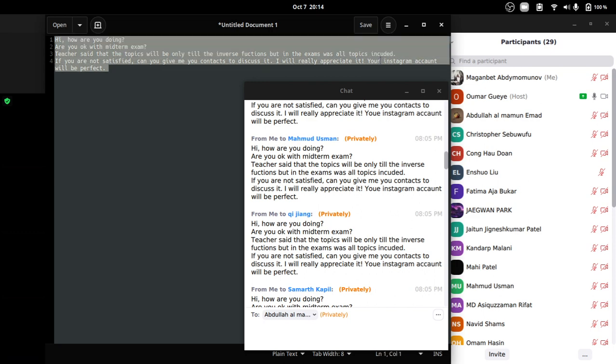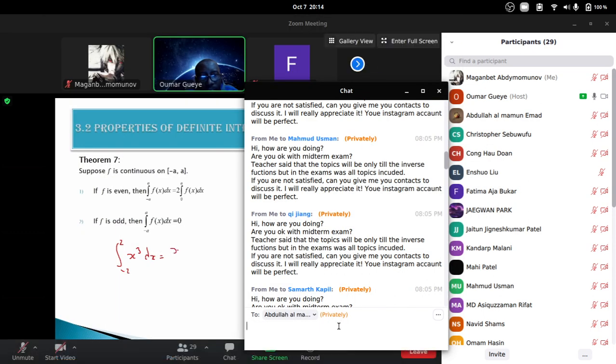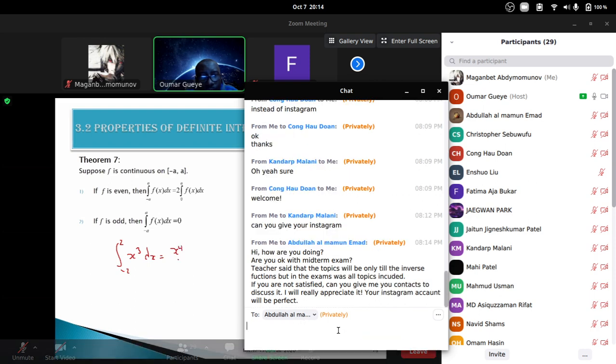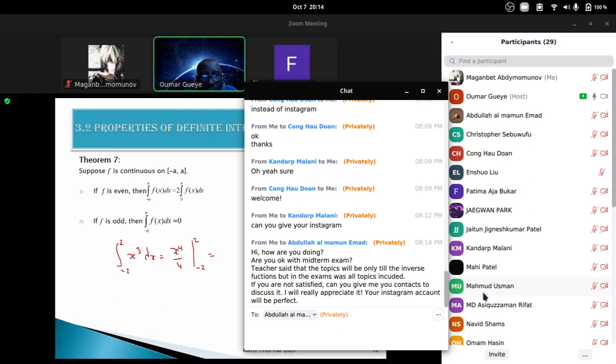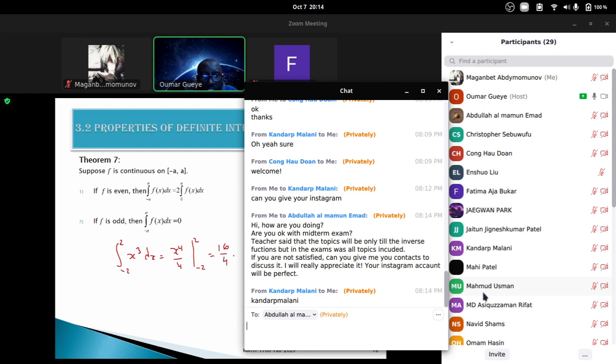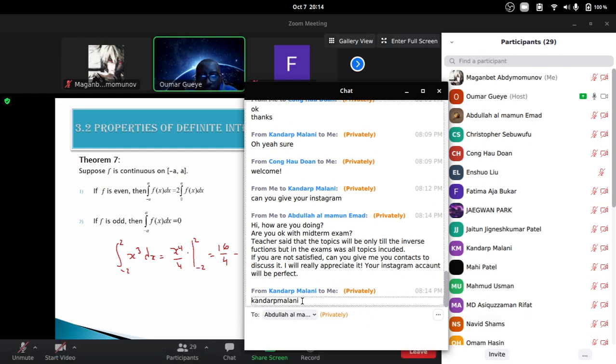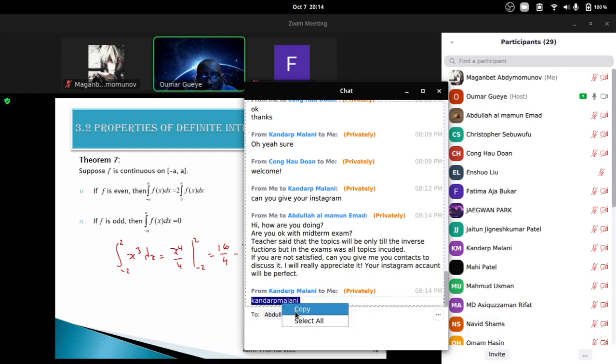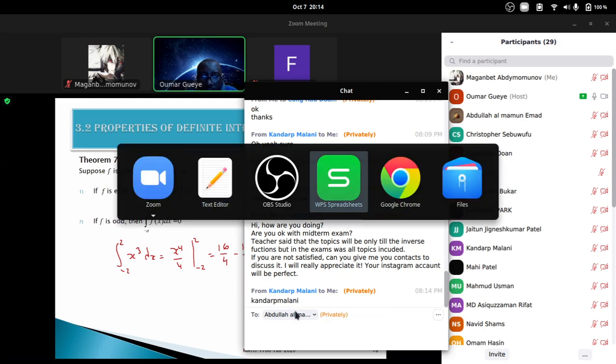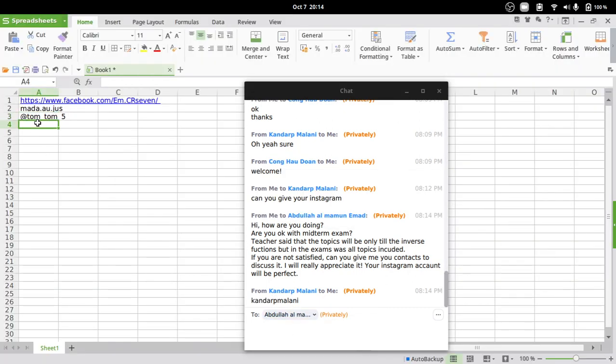You get x to the power 4 over 4, at -2 and at 2. At 2, 2 to the power 4 is 16 over 4, which is 4, and at -2, -2 to the power 4 is also 16 over 4, and you get 0 as a result.